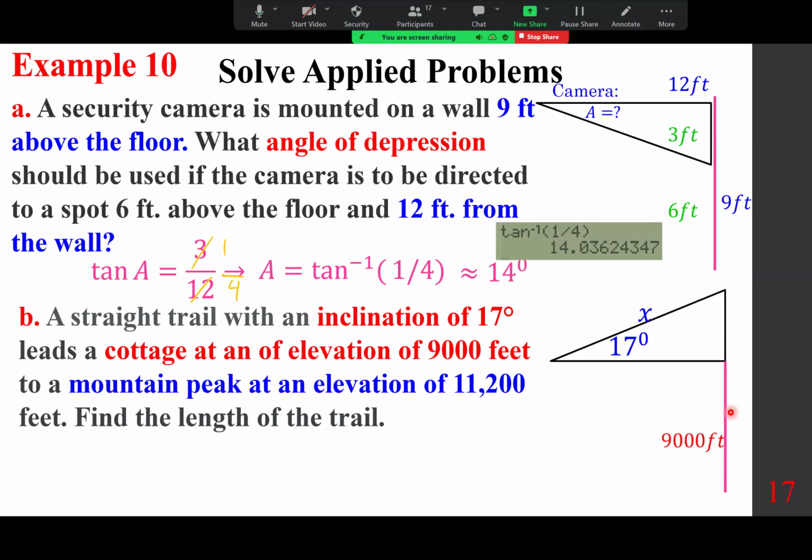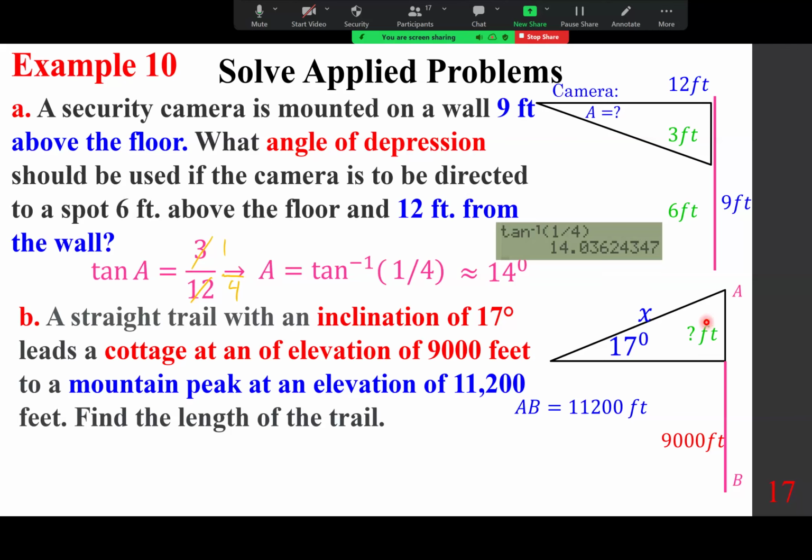It's at an elevation of 9,000 feet. And this entire distance, we call it AB, is 11,200 feet. So what are we looking for? We are looking to find this, and then that will help us find X.